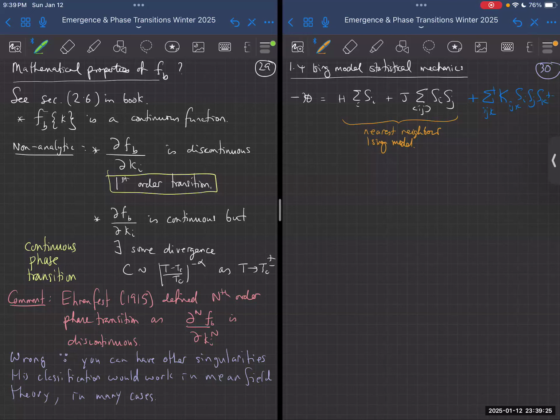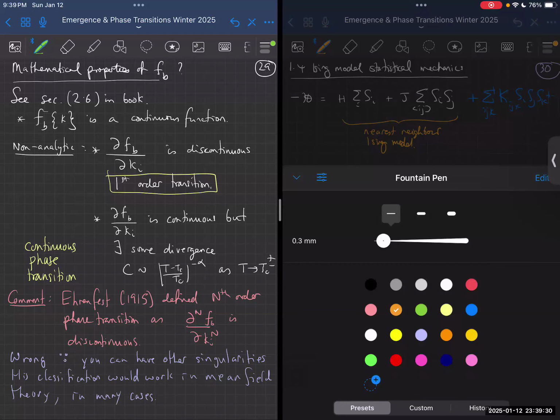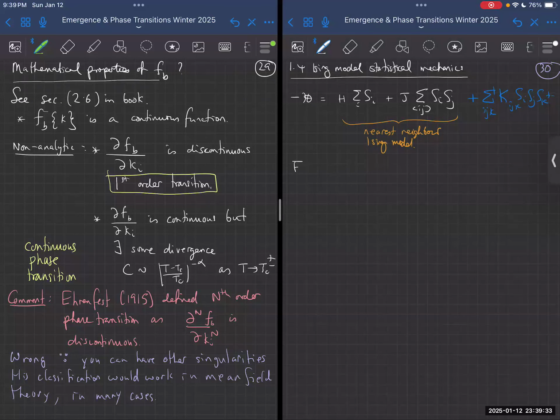Okay, so then we can say that the free energy of the system is minus k_B T times the logarithm of the trace over the s's of e to the minus beta times the Hamiltonian of all the s's, like so. So that's our free energy. Now let's work out what dF by dH is. I promised to show you this.